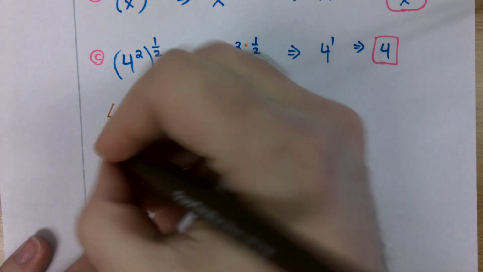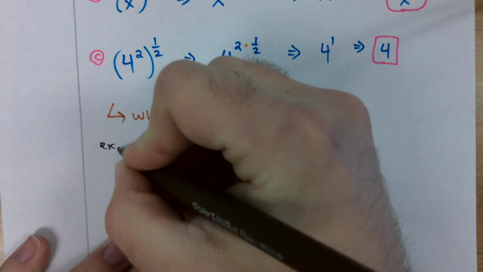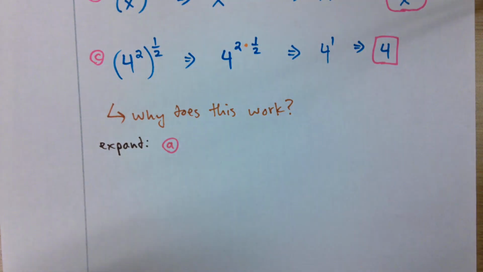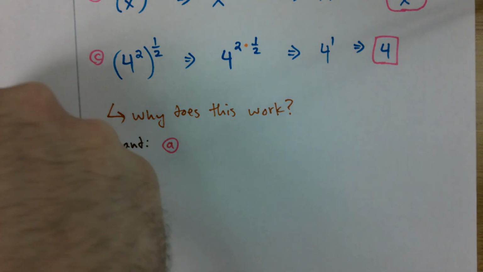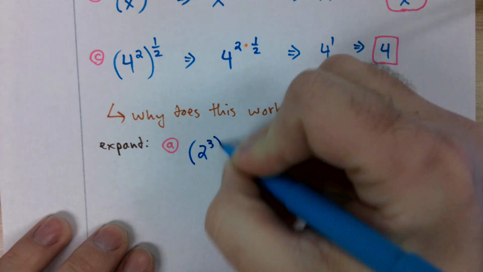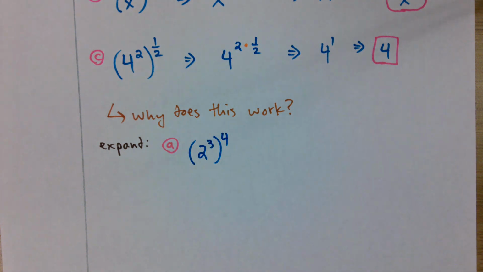We're going to do what we have been doing, and that's expanding example A, which was 2 to the third, all to the fourth. 2 cubed to the fourth.